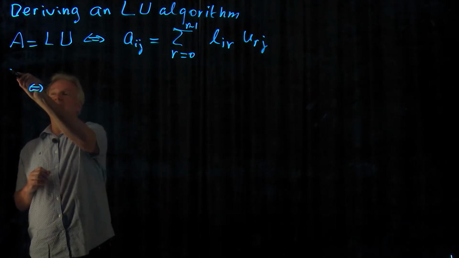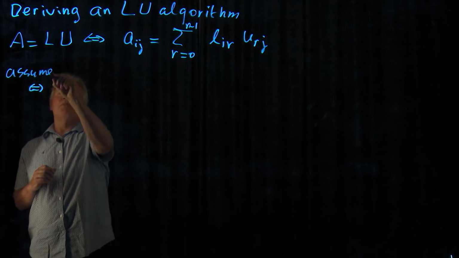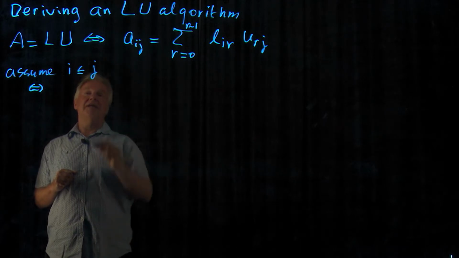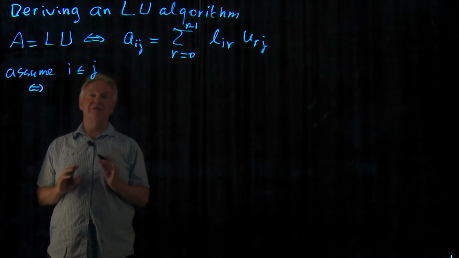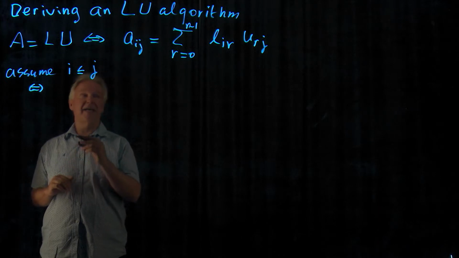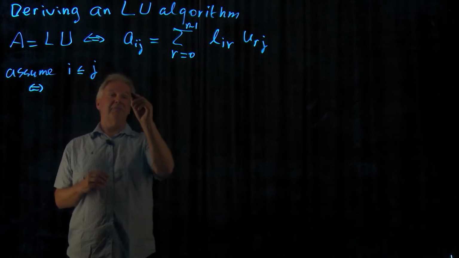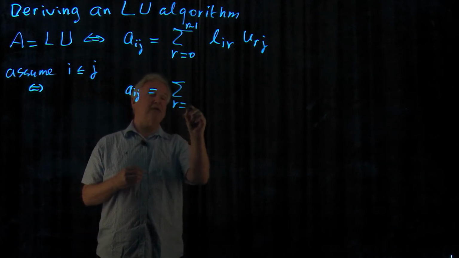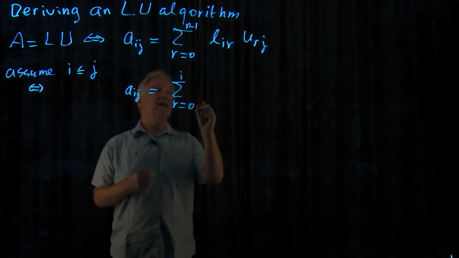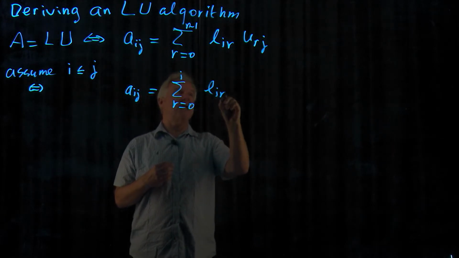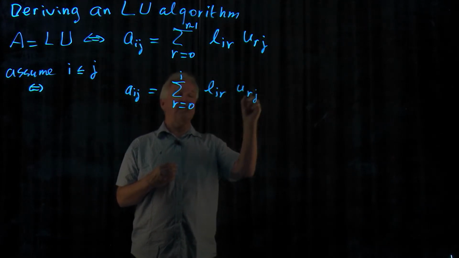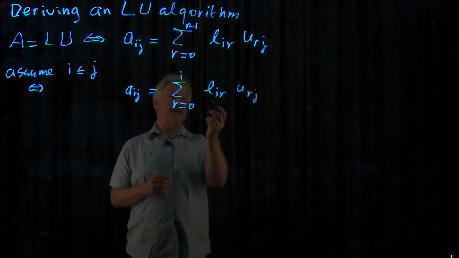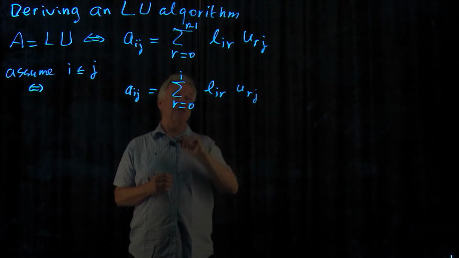Assume i is less than or equal to j, so we're looking above the diagonal or on the diagonal. Then this can be written as Aij equals the sum from r equals 0 to i of Lir Urj, because if r is larger than i, this element becomes 0.